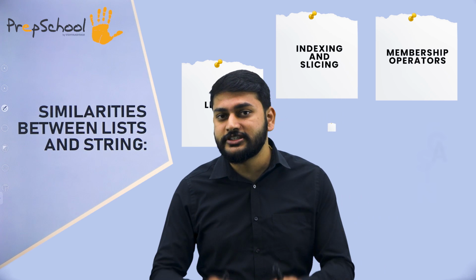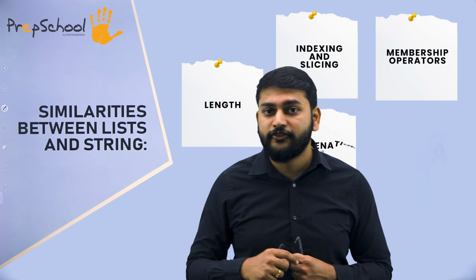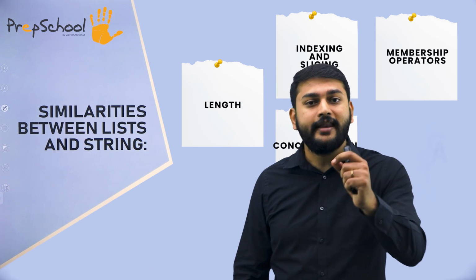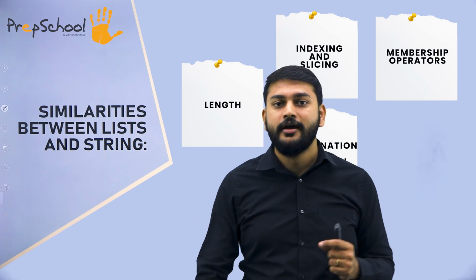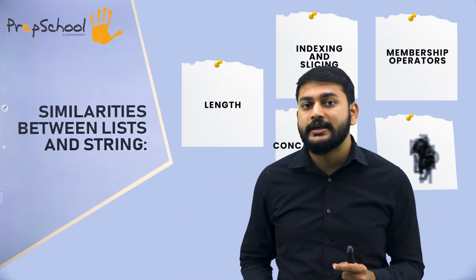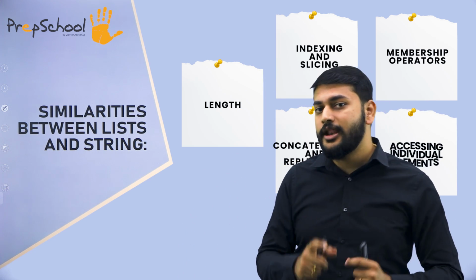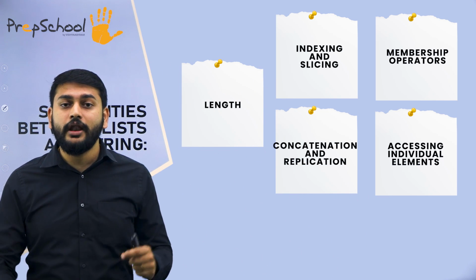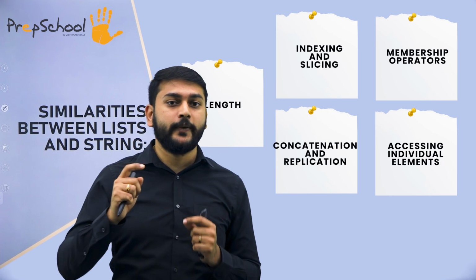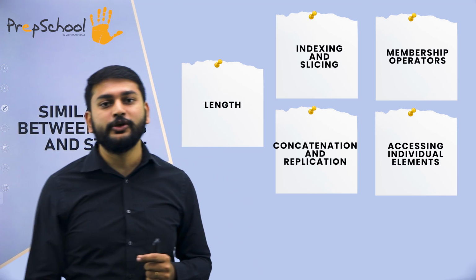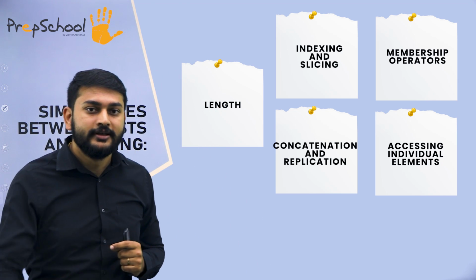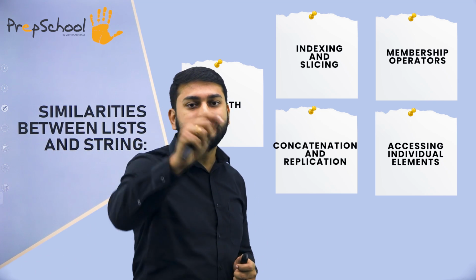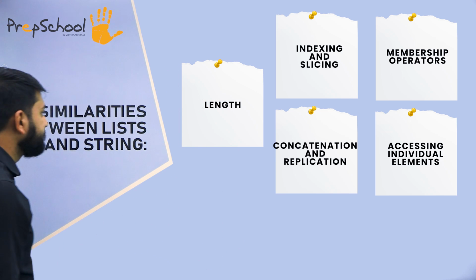The fourth one is the concatenation and replication operator. And the last one is accessing the individual elements. All these concepts are very similar. The same way you are using them with respect to strings, the same way you will be using them with respect to the list also. My dear students, let's have a quick look at that.